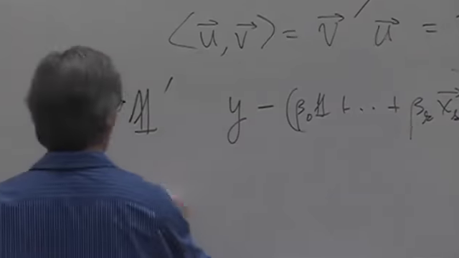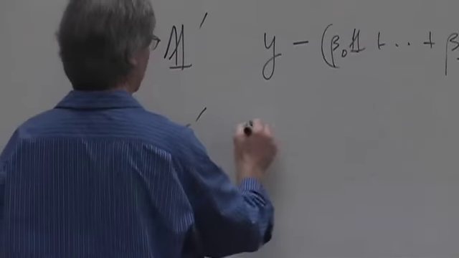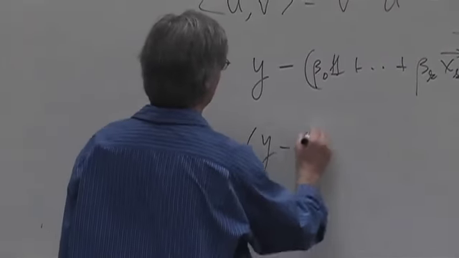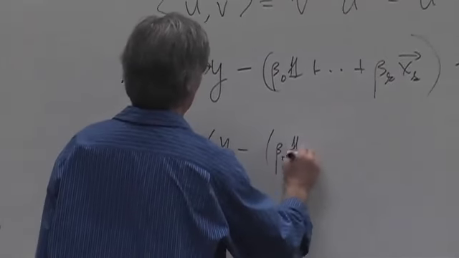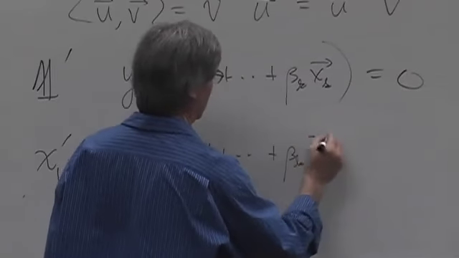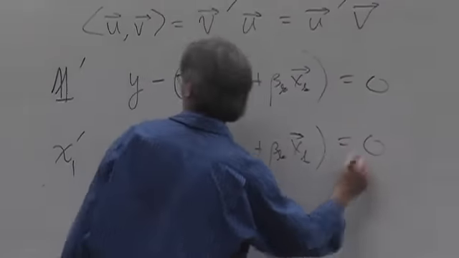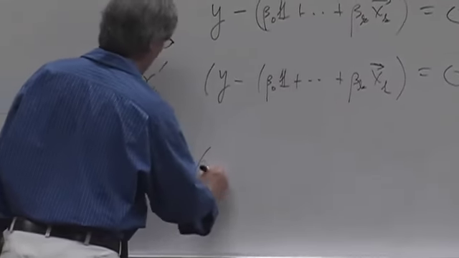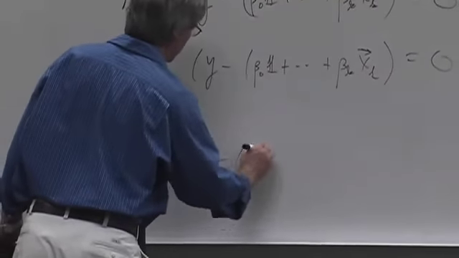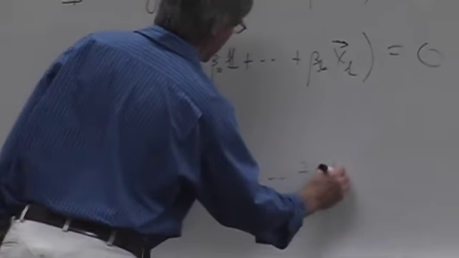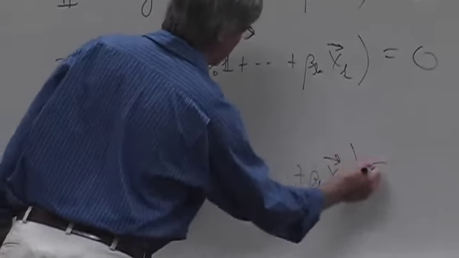I also have that x1 prime times the same thing, right? y minus beta 0 times 1, plus and so on, plus beta k xk, equals 0, and so on, down to xk prime times y minus beta 0 times 1, plus and so on, plus beta k xk, equals 0.